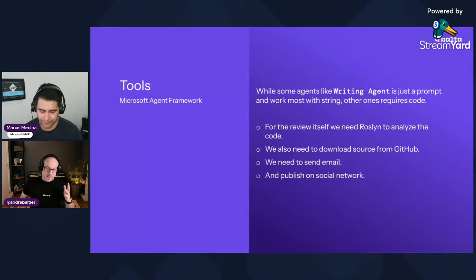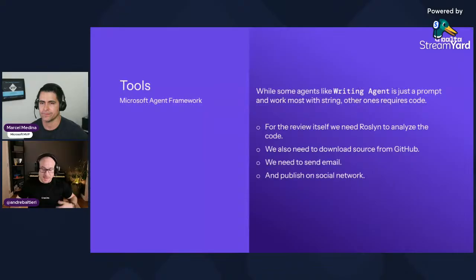MAF is now in RC, the release candidate. So something can change from what I'm showing you today, and some things, like Dev UI, are not ready yet. There are some features that are ready in Python because MAF supports C# and Python, so they are ready for Python but not for C#, ironically.